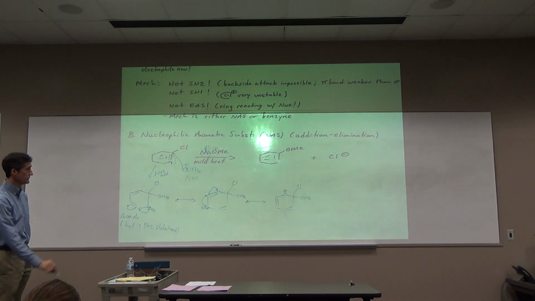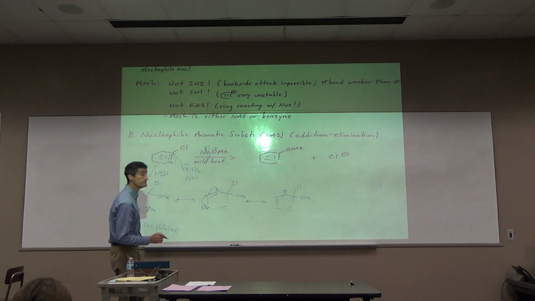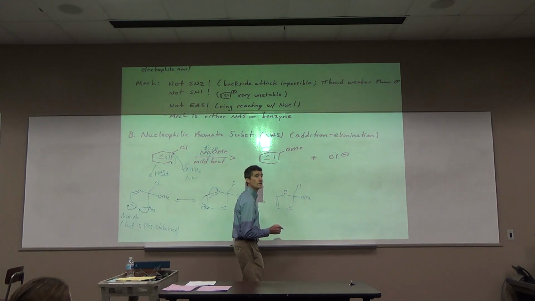Okay. Any other resonance structures possible? Any electrons on the oxygen, they come back that way, then not those pi electrons back to the left. What pi electrons?